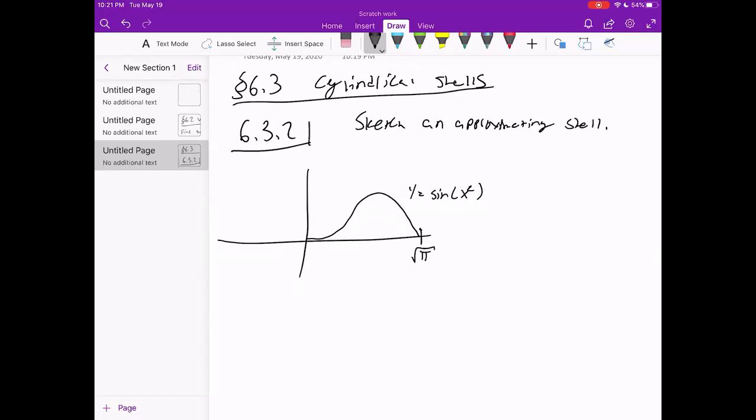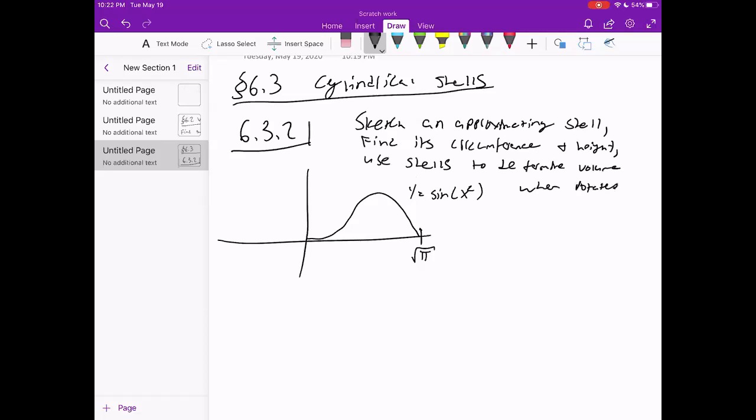Find its circumference and height, and then use shells to determine the volume when rotated about the y-axis.